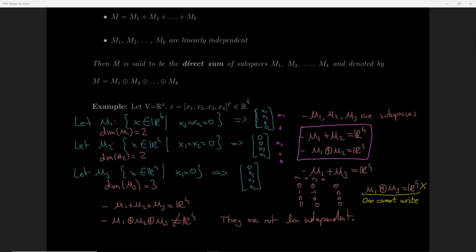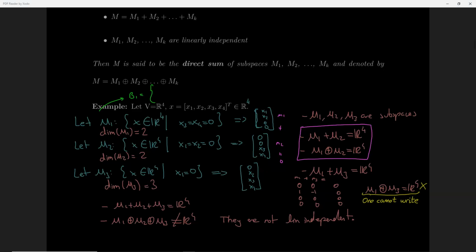By the way, for example, for the M1 subspace, can you tell me a basis set that spans M1? M1 is composed of all the vectors such that x3 and x4 are equal to 0. The first two elements are non-zero. So what might be a basis set for M1? First of all, how many elements should it have?